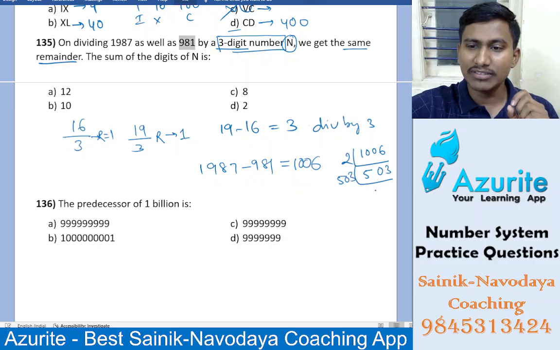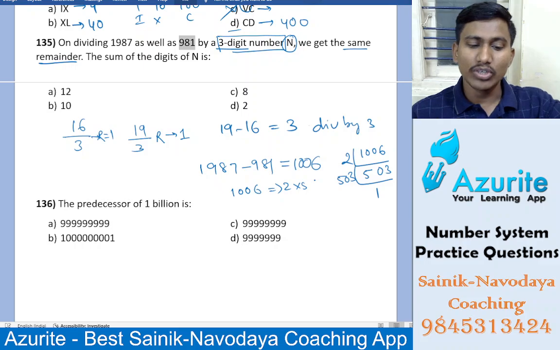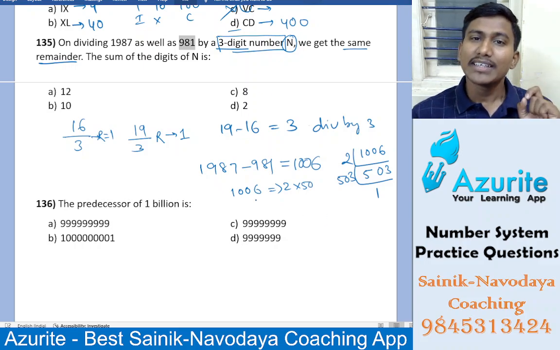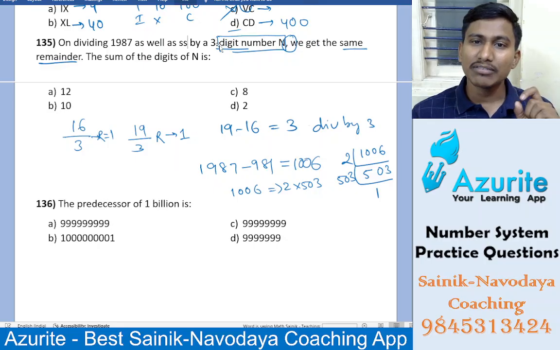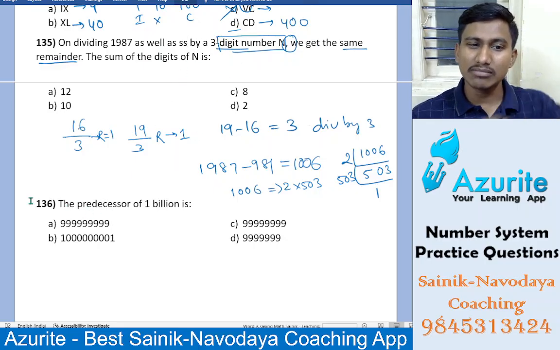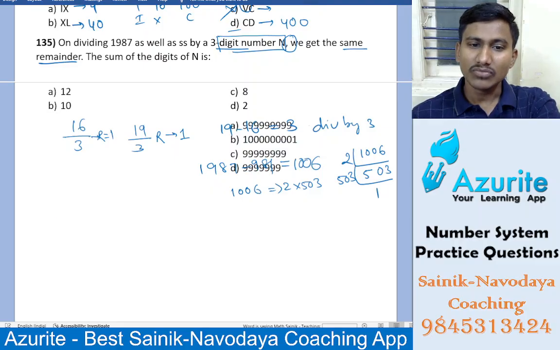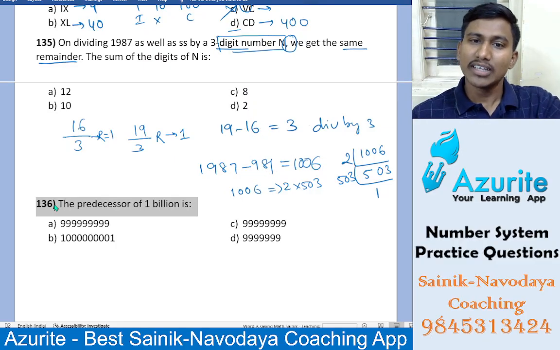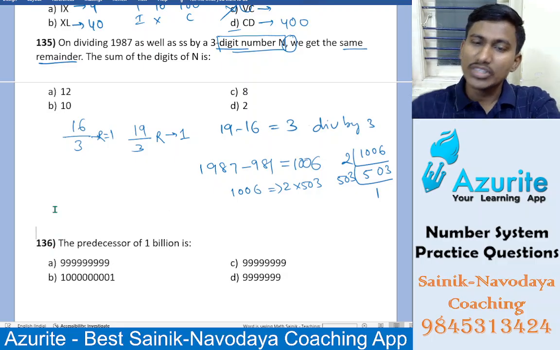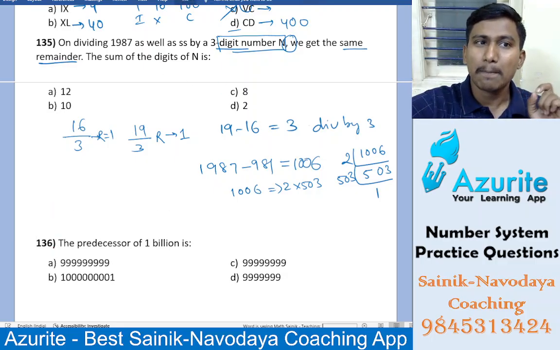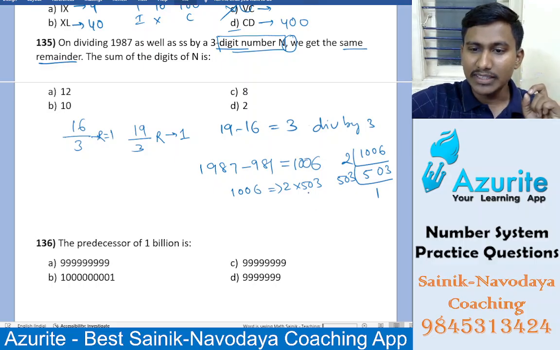So 503 ones are 503. Here 1006 we can write as 2 into 503. We need a 3-digit number, so which is the 3-digit factor? The 3-digit factor is 503.